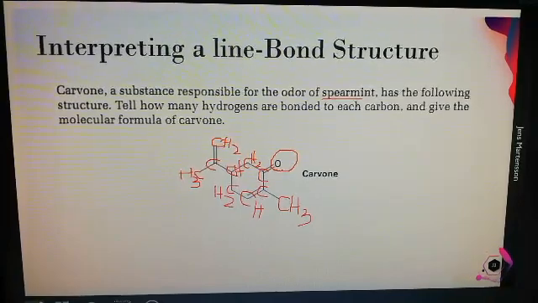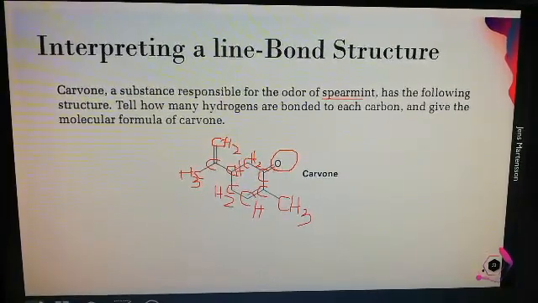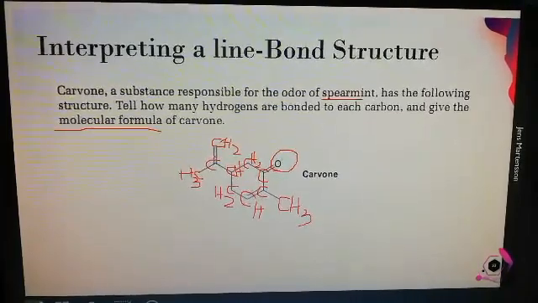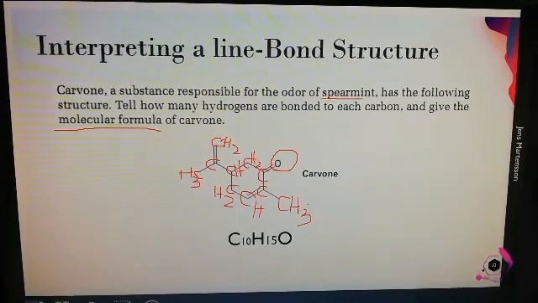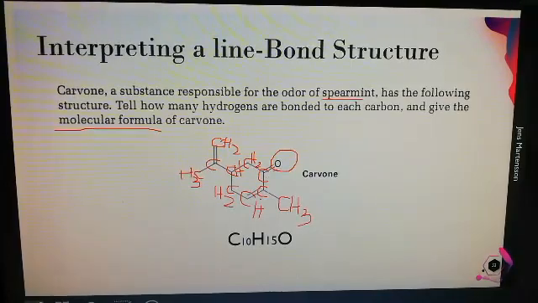Okay? So, now, the molecular formula of the carvone is C10H15O. So, 10 daw yung carbon. Let's count. 1, 2, 3, 4, 5, 6, 7, 8, 9, and 10. Okay. So, 15 daw yung hydrogen.